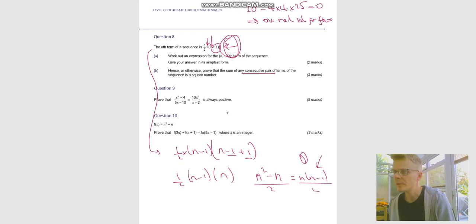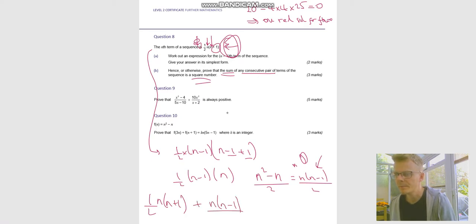If we want two consecutive terms, we can use this, and we want the sum of them, so we just add the two together, and apparently this gives us a square number. Let's see what happens. We're going to have a half of n times n plus 1 for the nth term, plus n times n minus 1 over 2 for the n minus 1 term.